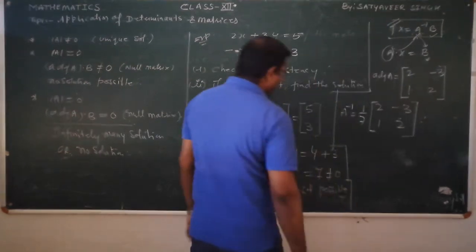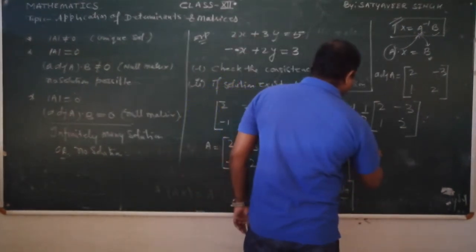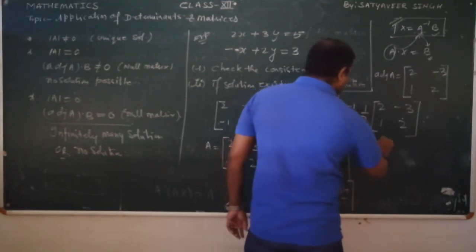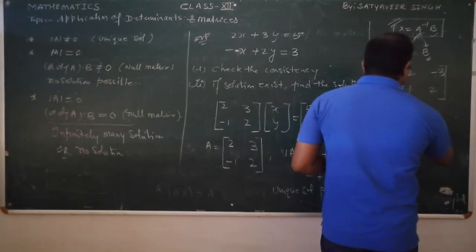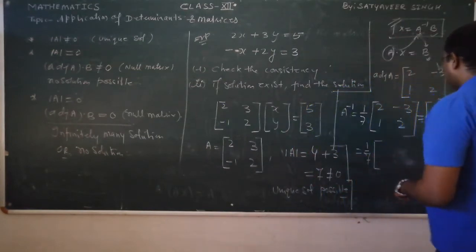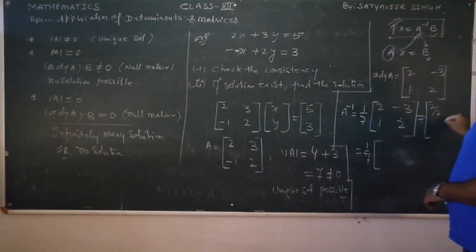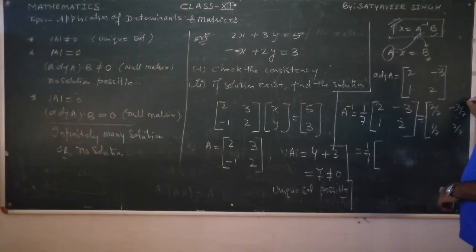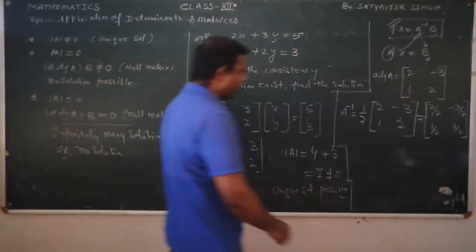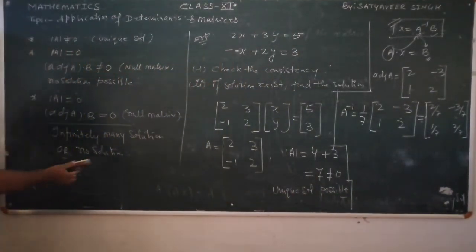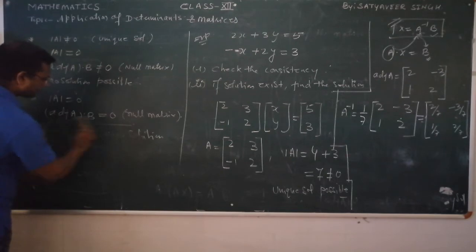Once you multiply, you will write 1 upon 7, and inside it is 2 upon 7, minus 3 upon 7, 1 upon 7 and 2 upon 7. Further, you will have to find what A inverse B is. I am writing here.